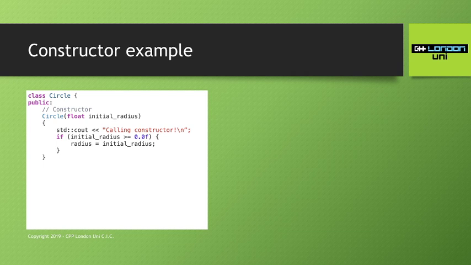More usefully, we're going to try and make sure that our class invariant, that the radius is greater than or equal to 0, is satisfied right from the get-go, from when this class was first constructed. So if our initial radius is greater than or equal to 0, we will set our radius field to this value. Otherwise, it's just going to have the default value, which, as you'll see in a second, is 0.